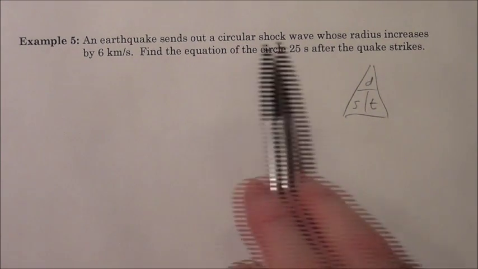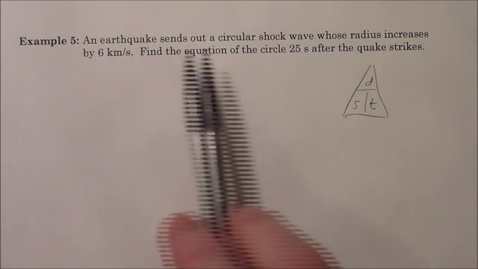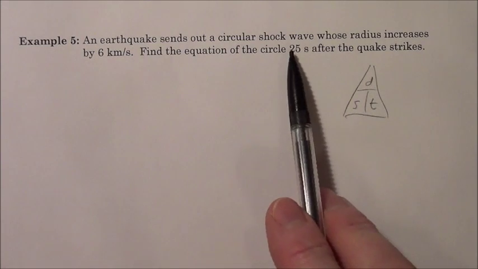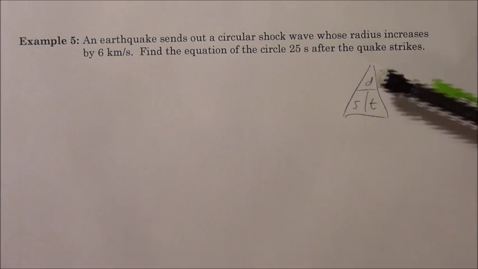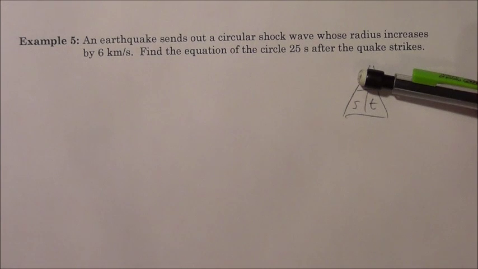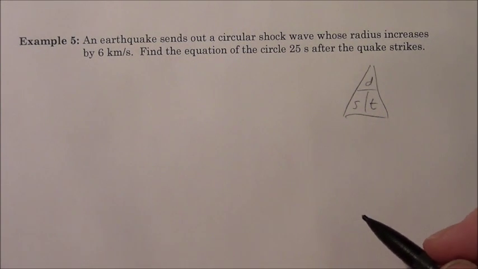If we want to find the radius after a certain amount of time, we know the speed, we know the time, we need the distance. If we cover up distance, which is the one we need, we see that we would need to multiply the speed times the time. Okay, so after 25 seconds, how far has the shock wave expanded from the center?